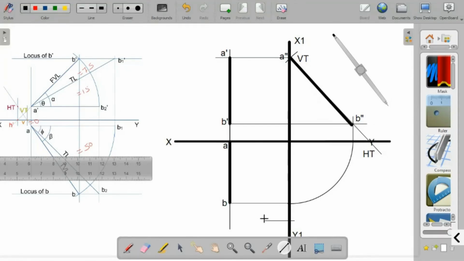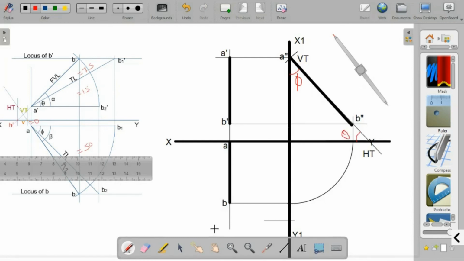So this is the drawing, and this angle is phi, true inclination with the VP. And this angle is true inclination with the HP, that is theta.